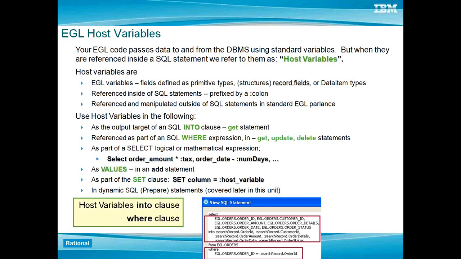Here is the syntax. You write your whole SQL query, and when you want to supply a parameter, you use an equal sign, a colon, and the host variable name.